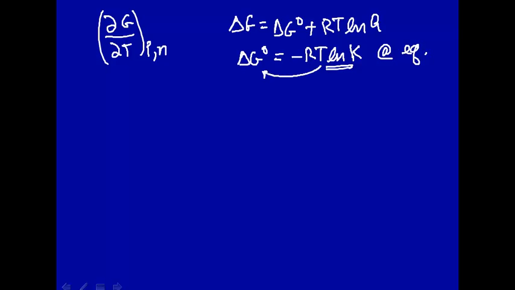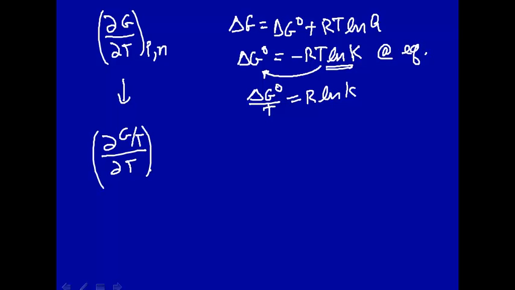Let's put the temperature over here, so we're looking at delta G0 over T, which is equal to minus R ln K. I hope this little argument convinces you that we should be looking at the temperature dependence of G over temperature. So let's look at how G over T varies with temperature at constant pressure and number of moles.